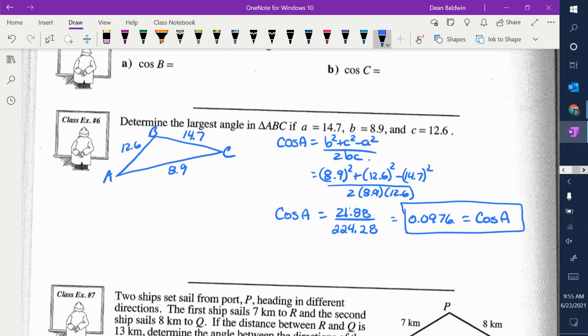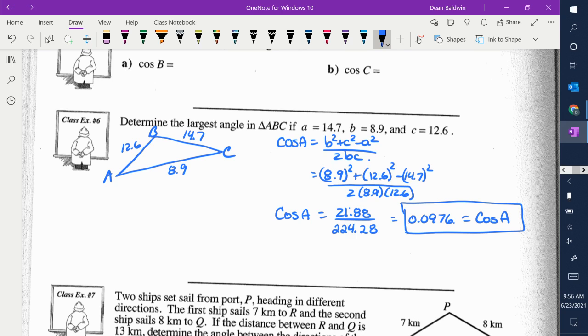There's no way to figure out which angle is the largest off the side. You could, but you're not going to be able to tell me what the actual number is, right? They want to know the number. So you should get cos of A is equal to 0.0976.